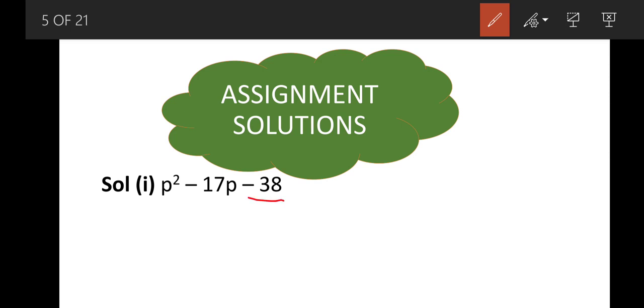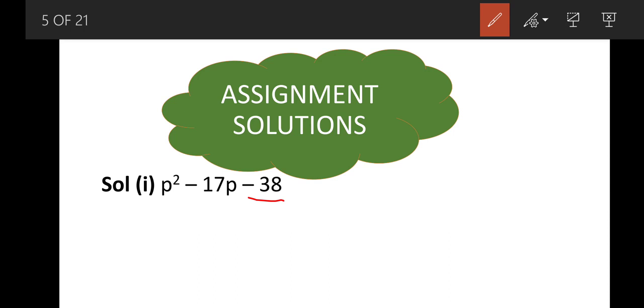So we are left with the last identity. We need to split the middle term such that the sum of those two integers is equal to minus 17, which is the coefficient of p, and the product of those two numbers is equal to minus 38.